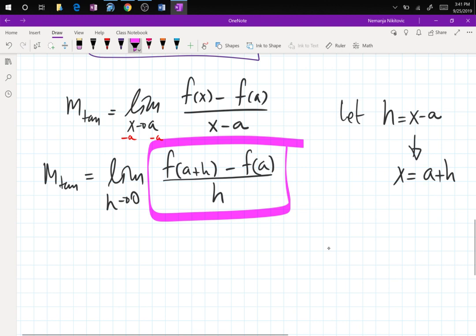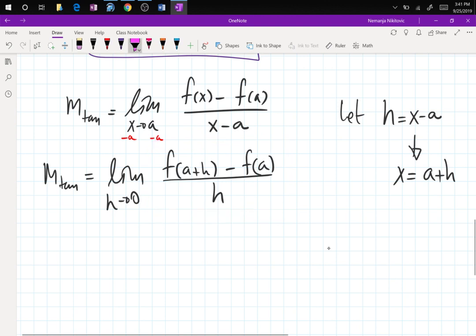Difference quotient, yes. Difference quotient. Good.